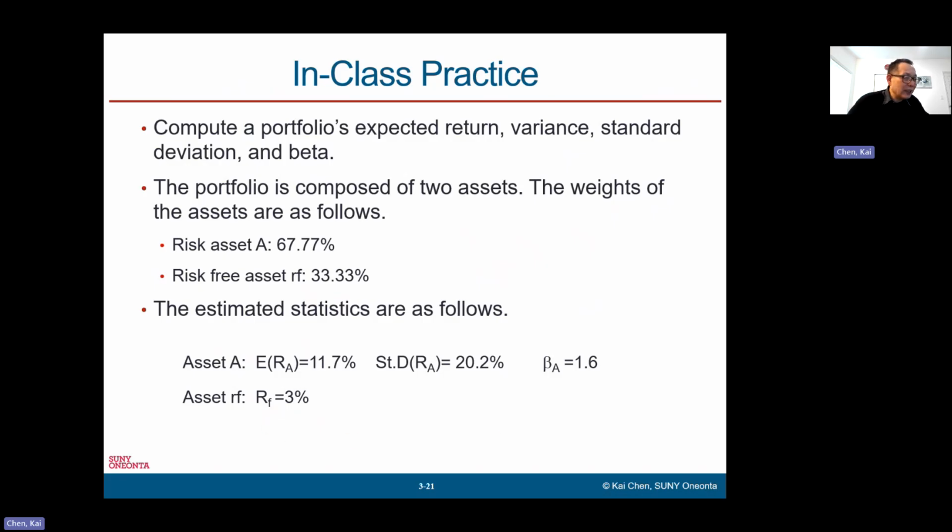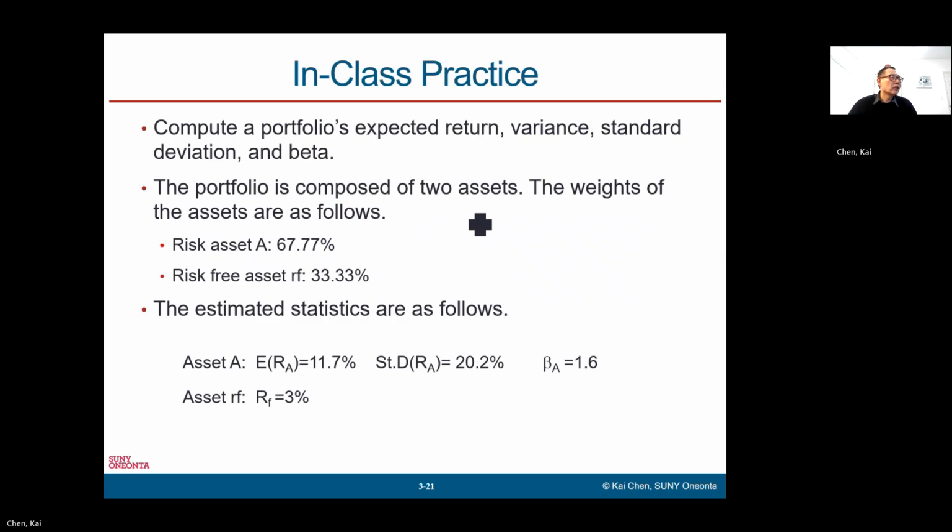Let me give you a clue. We're going to have a matrix. In this matrix, we have asset A and the risk-free asset as rows and columns.